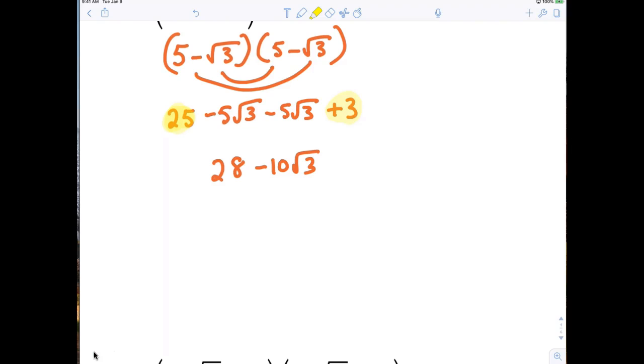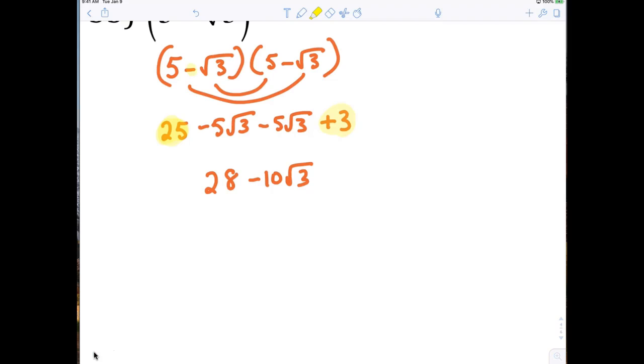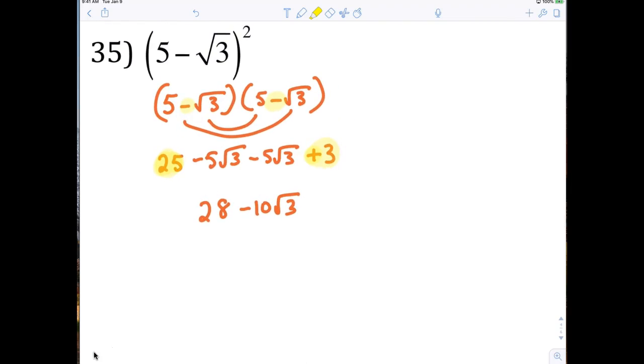Negative times a negative is a positive. But I thought those were the ones that were in 5 radical. I don't know what you're talking about. This right here, the first thing I do is I go 5 times 5 and I get 25, right?